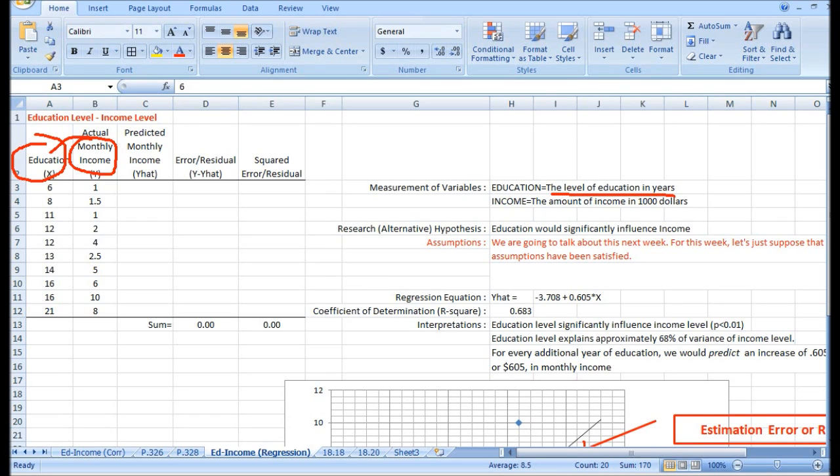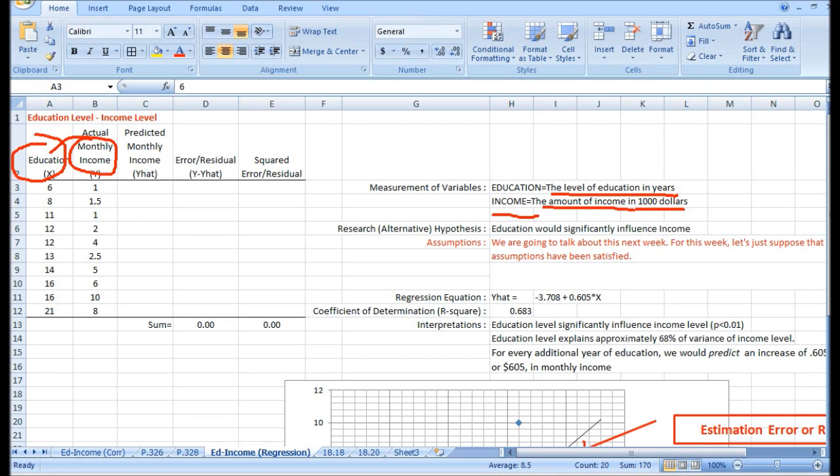How many years of education? Say beginning with kindergarten and extending through graduate school. Income data is the monthly income in $1,000.